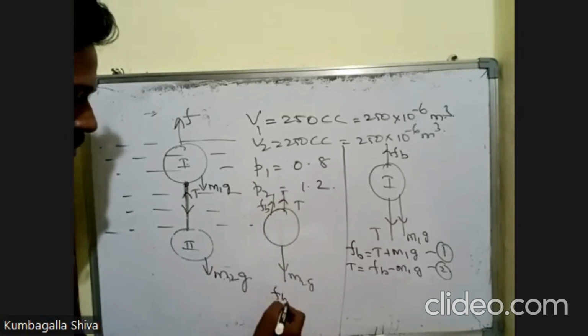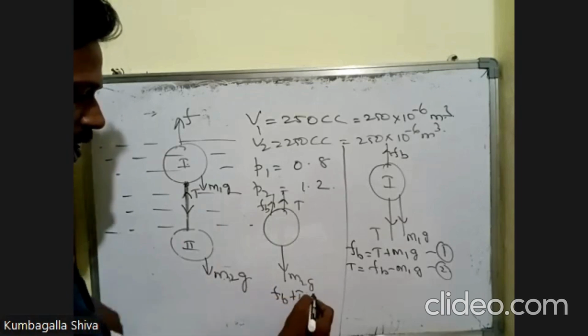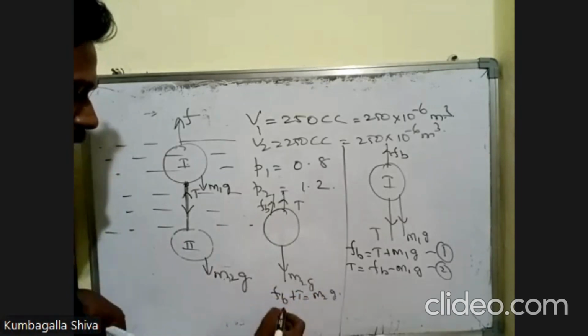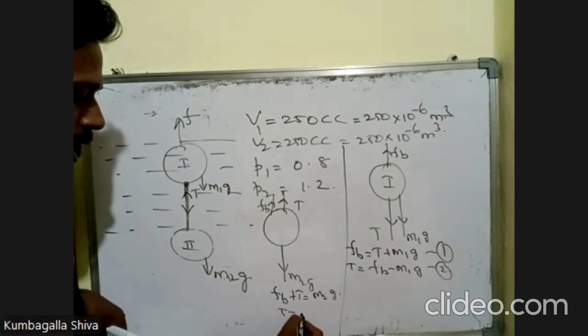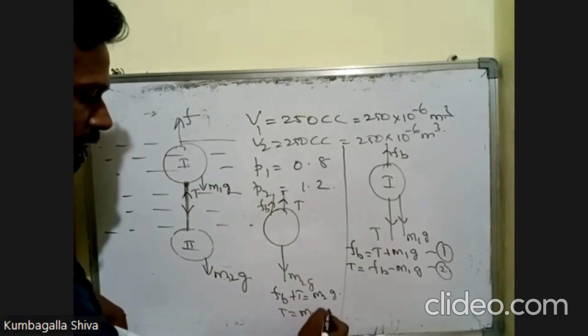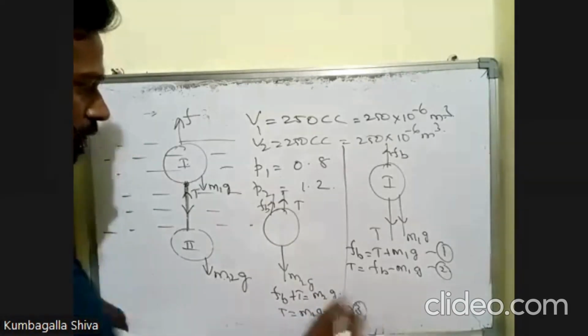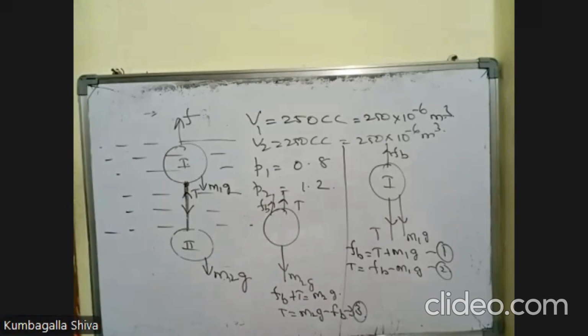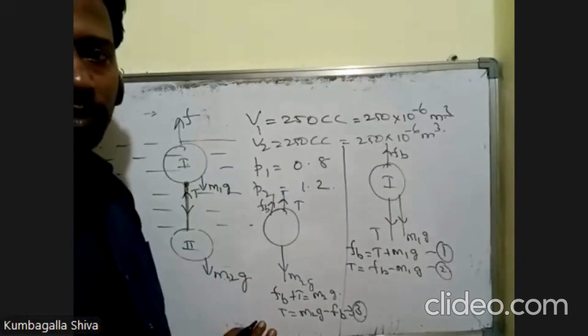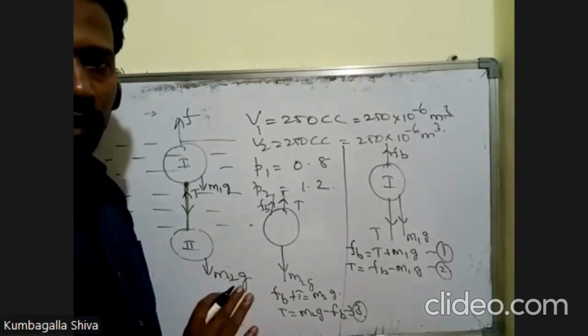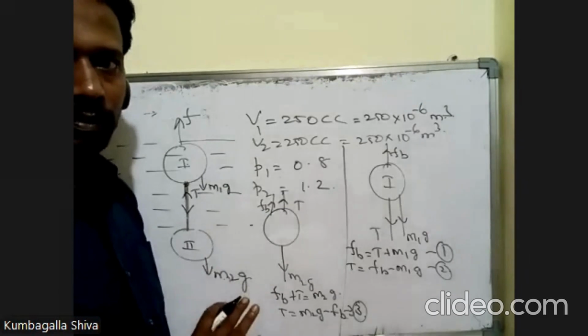That is FB plus tension is equal to m2g. So the equation can be written as T is equal to m2g minus FB. This is the third equation. Okay, clear? Am I clear with these statements? FBD diagram? Clear? Okay, right.